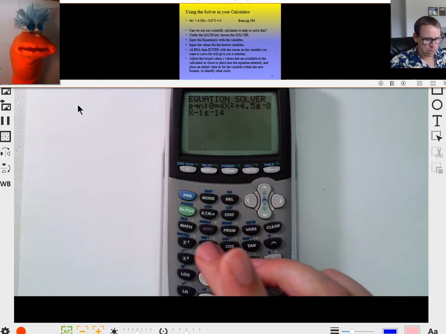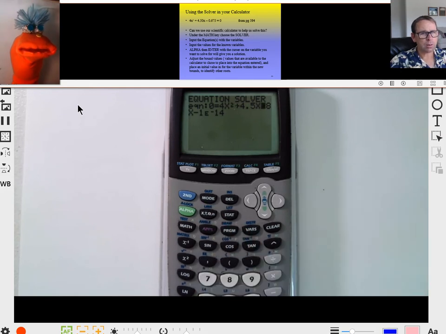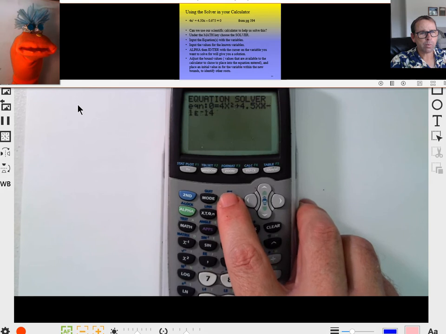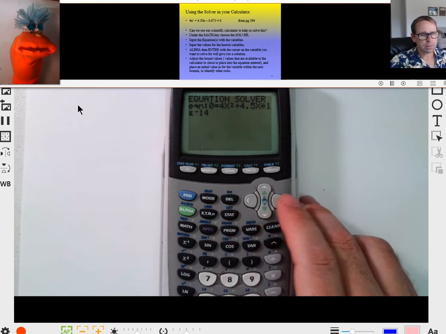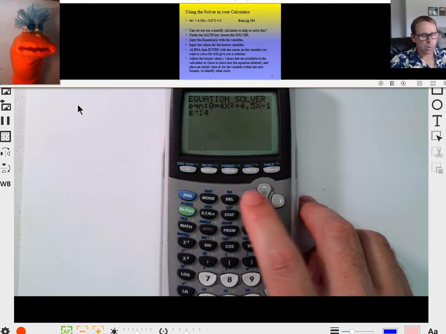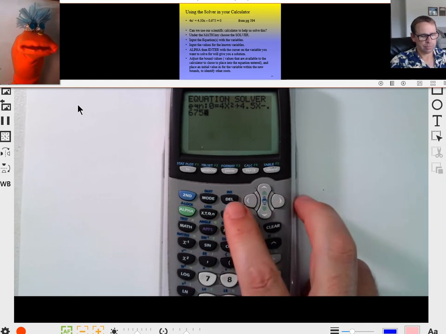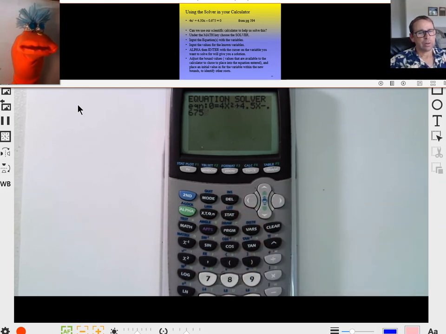This is supposed to be x, so here's where we get the x right there. Minus 1.675. All right.